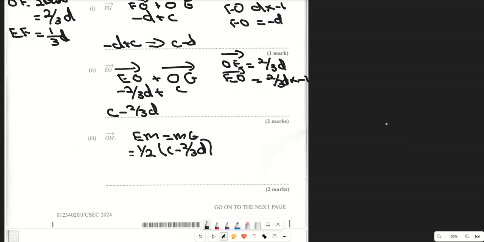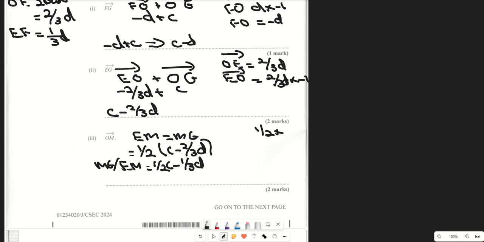Or you could, right? A half by C is a half C. And then a half by 2/3 D would be 2 into 2, 1. So that would be minus a third D. That is what EM or MG is equal to. Let's just do it so that you guys could see.